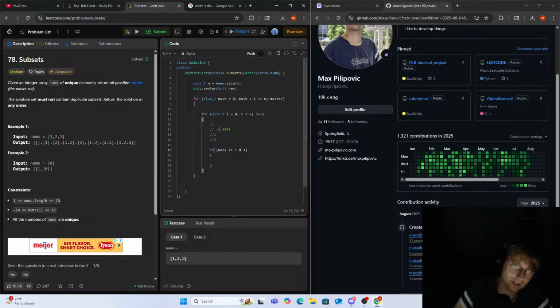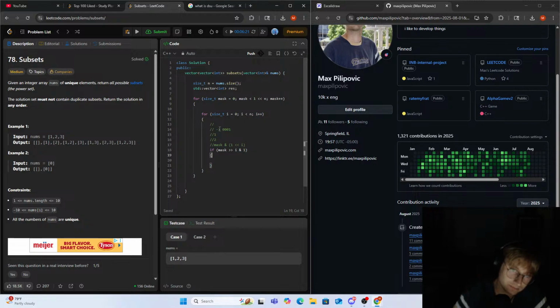If you wanted to, you could write mask AND (1 shifted to the left by i). All it's doing is testing if a certain bit is set in mask. That's what both of them are really doing.